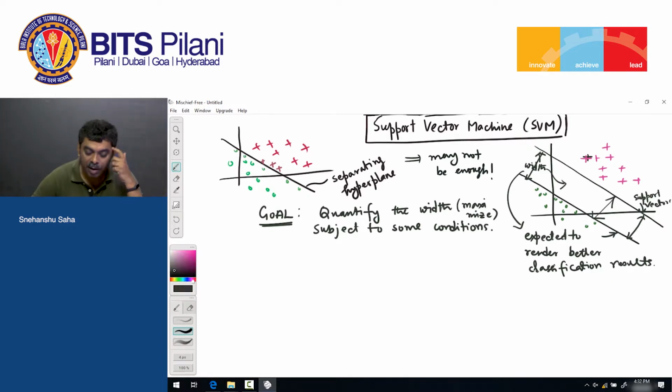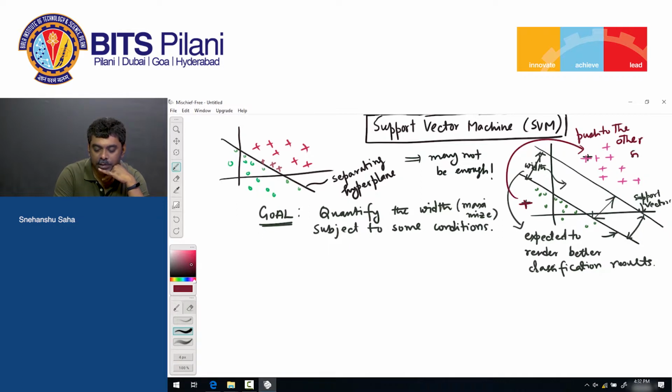Now what happens if some data point is wrongly classified or wrongly placed here, something like this? What will you do? If this is wrongly placed here, we need to somehow push this point to the other side. How do we do that?